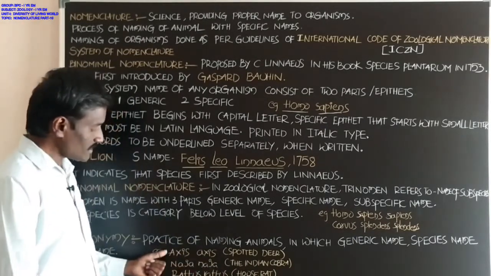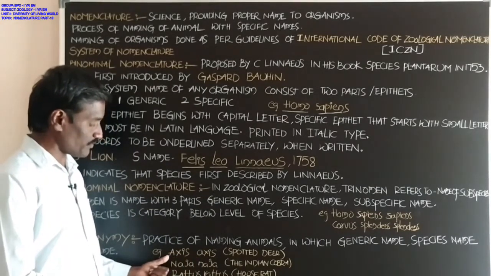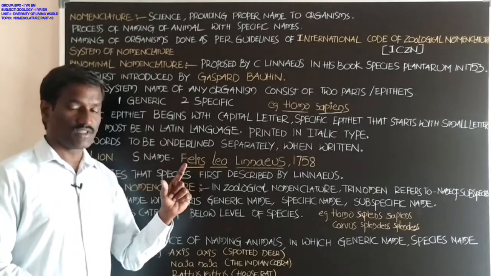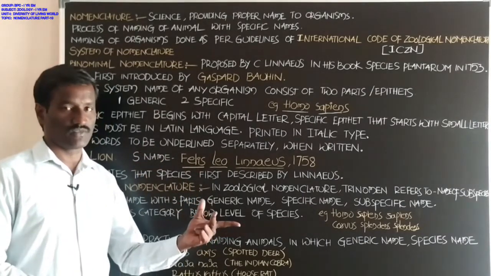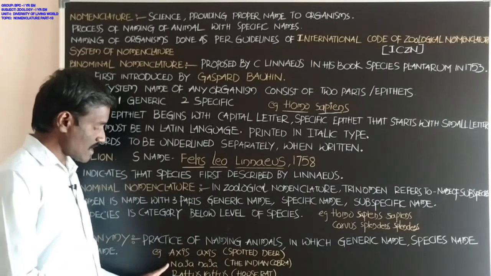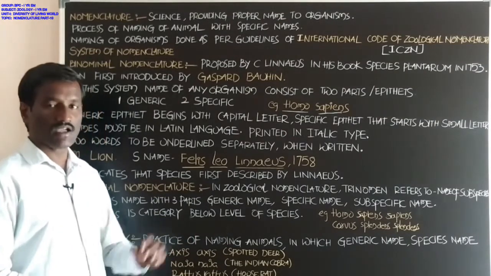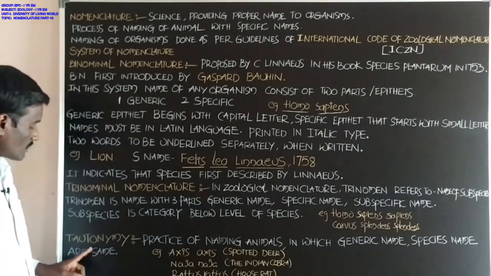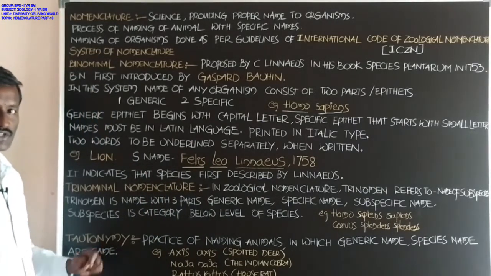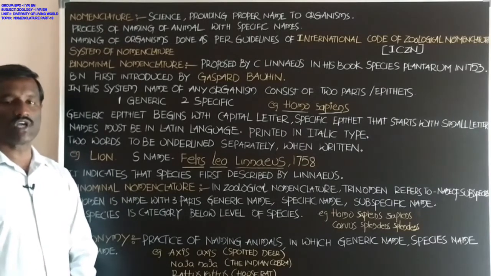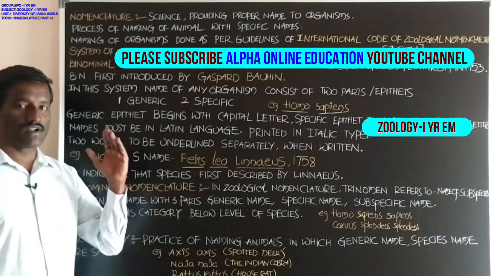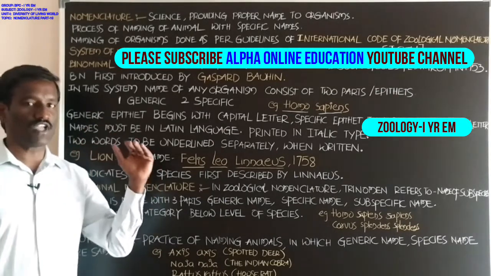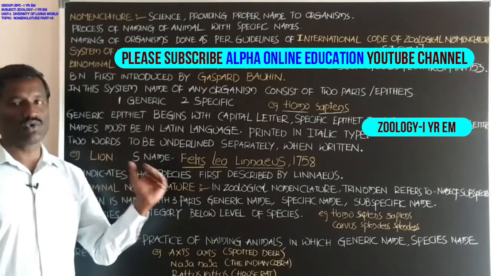In these three animals, the two epithets of the scientific name are identical. Okay, students, this was about binomial nomenclature, trinomial nomenclature and tautonymy, the systems of nomenclature of animals.